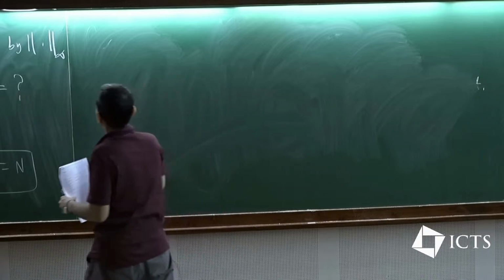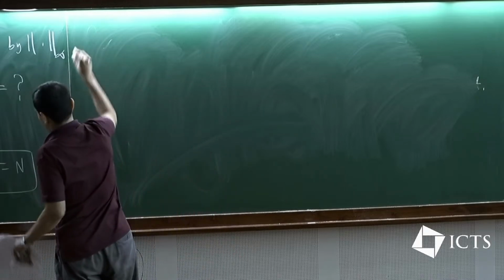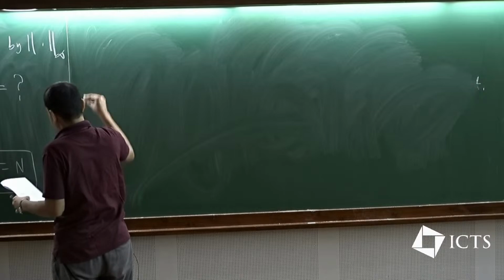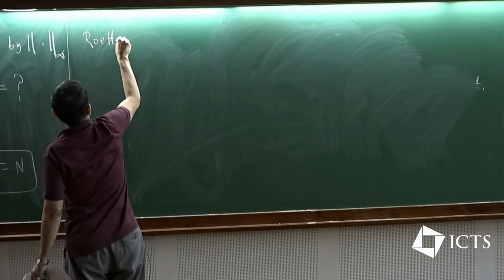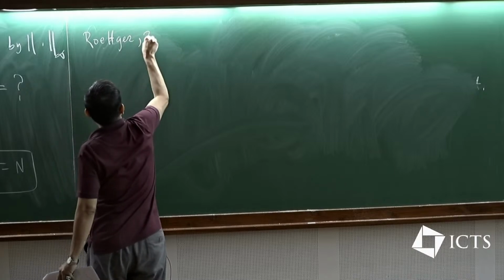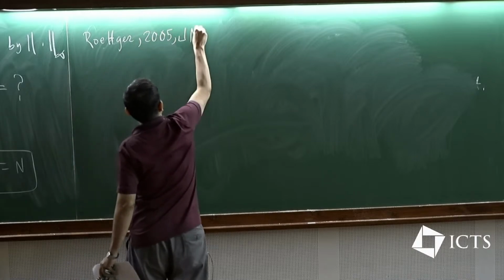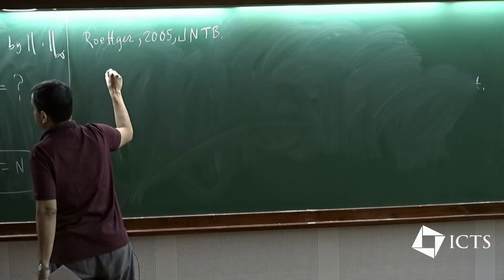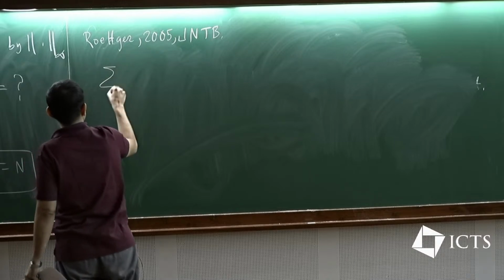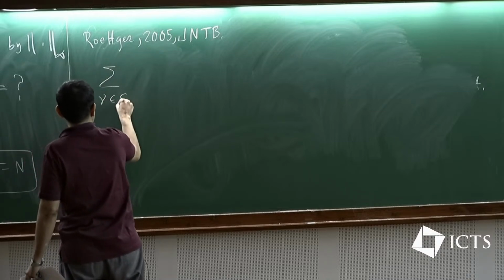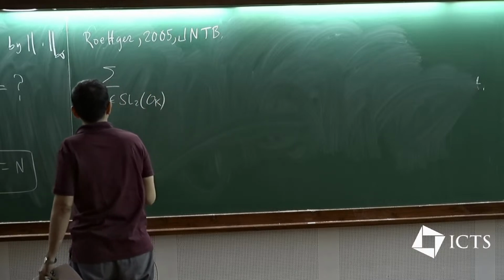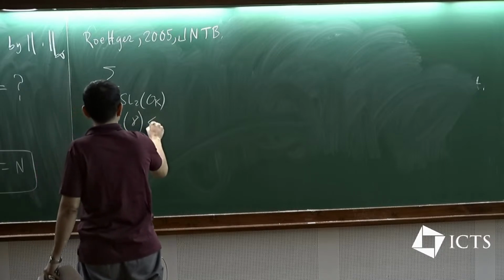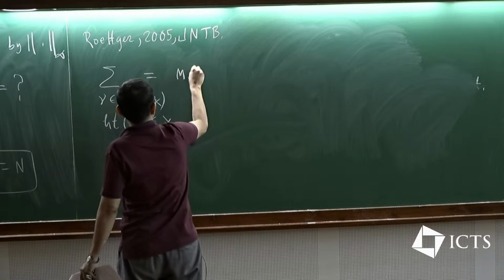First of all, there is a paper of Roedger from 2005, Journal of Number Theory. What he counts is the sum over gamma in SL2 of O_K, where K is a number field, and the height of gamma is up to X. Then you get a main term.